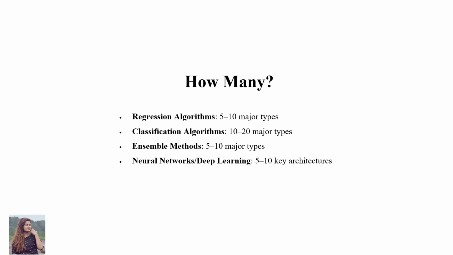Here also, how many? How many means how many algorithms there are. While there are dozens of distinct supervised algorithms, many of them can be grouped into broader categories, with new variants and combinations being developed all the time.